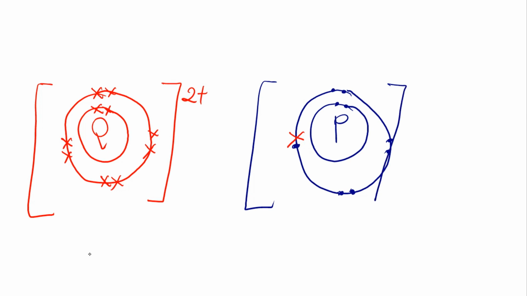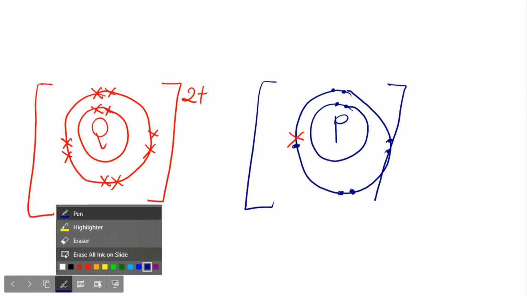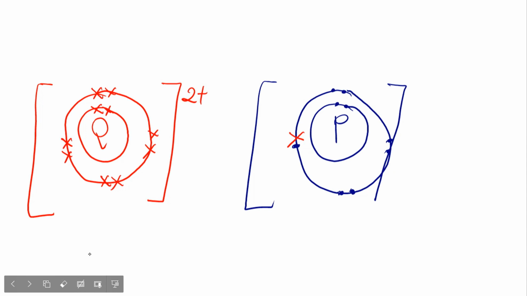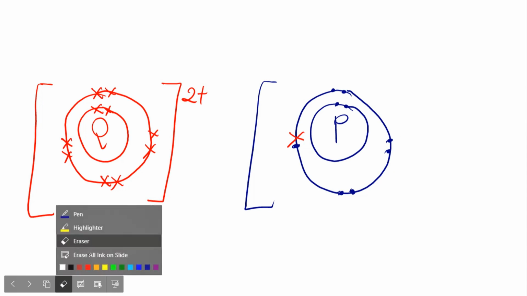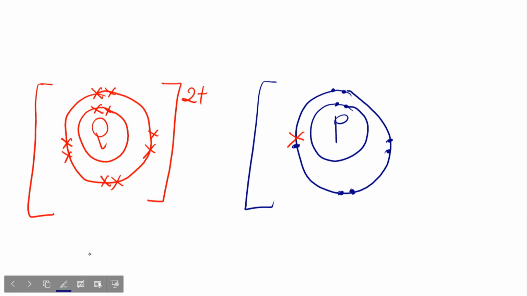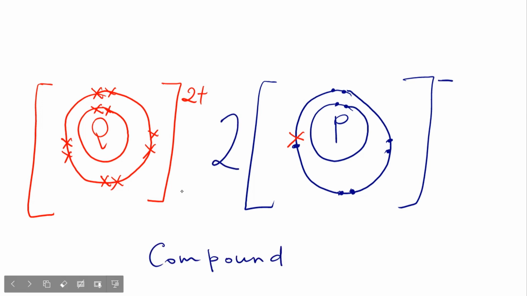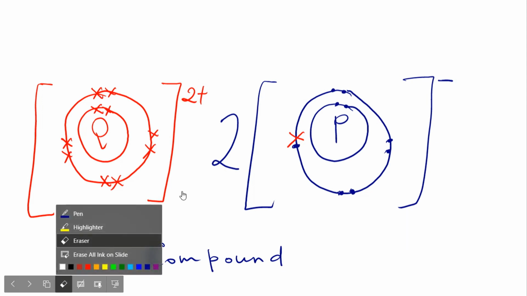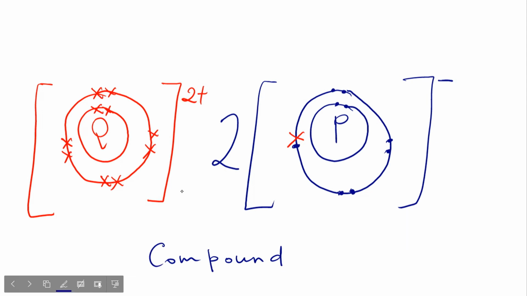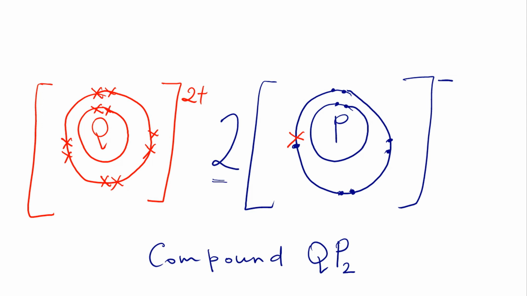Oh, that isn't drawn properly. It accepted another electron from Q, and it's two of them, right? You end up with your compound being QP2, because you have two P atoms taking part in this bonding.